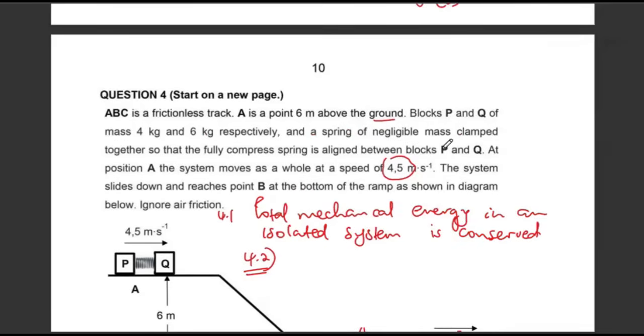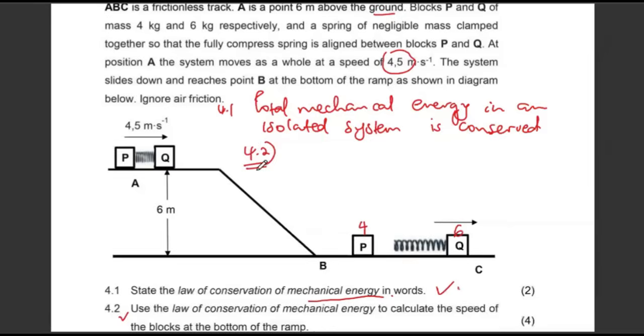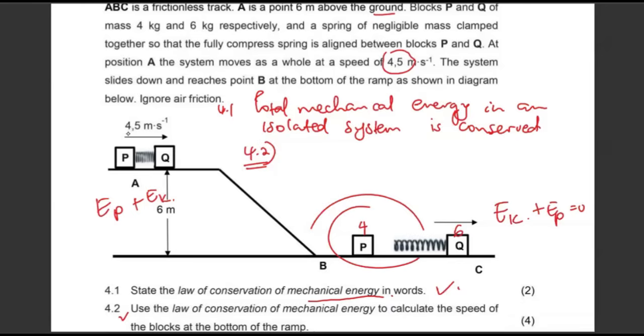At position A, the system moves as a whole with that velocity, but still has the EP. So we have the EP and the EK. At the bottom, we only have EK because the EP is 0. We only have the EK, which will be the EK max.